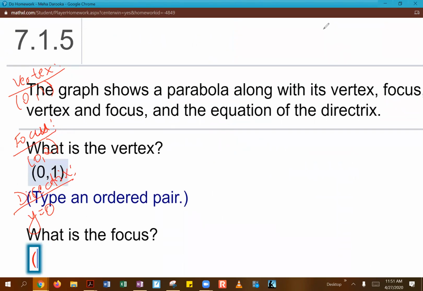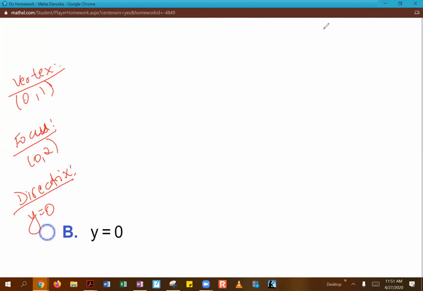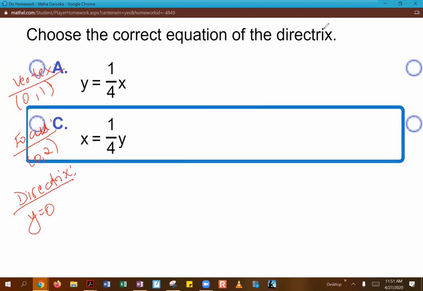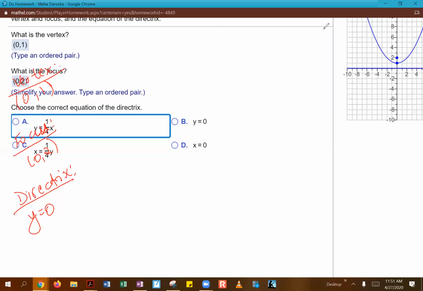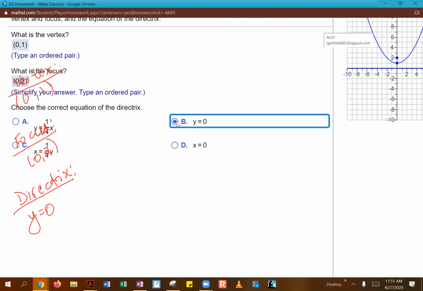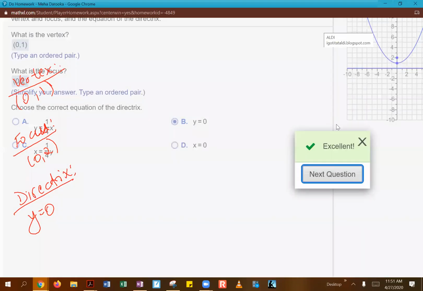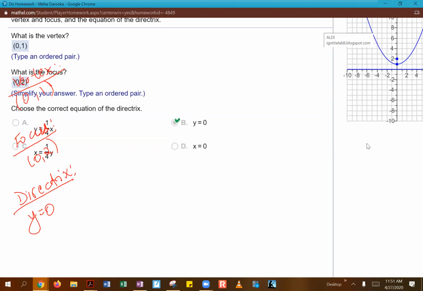Focus is 0, 2. And the last one was our directrix, and that was y equals 0. There you go. Alrighty.